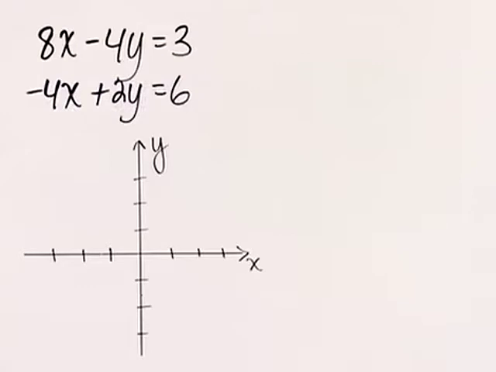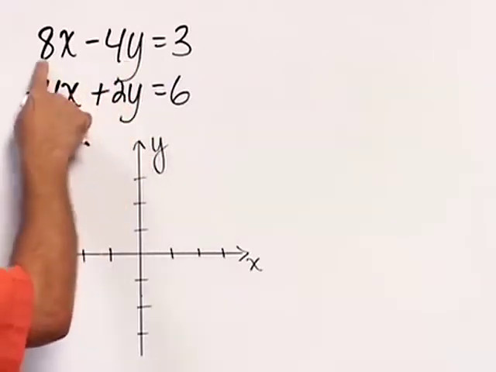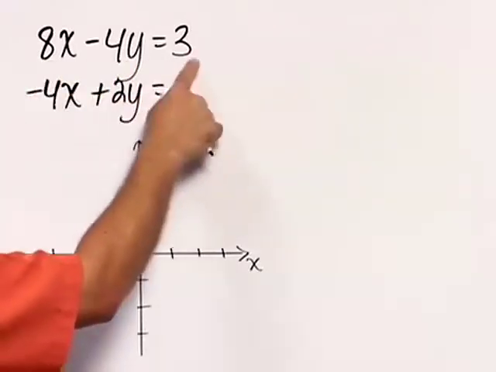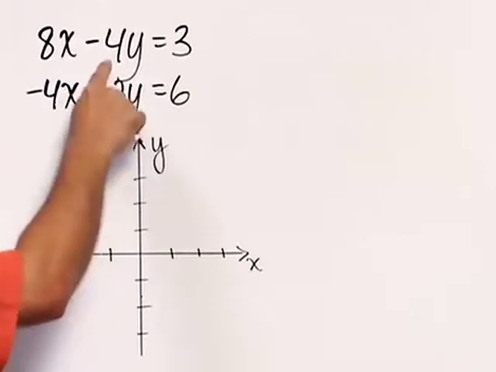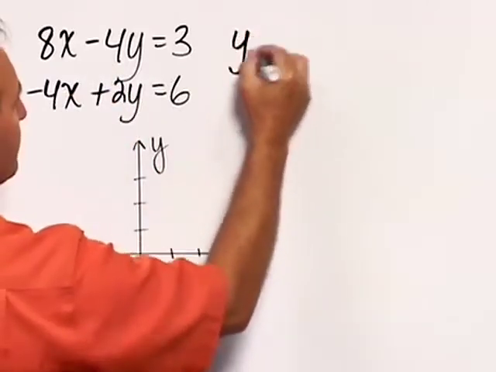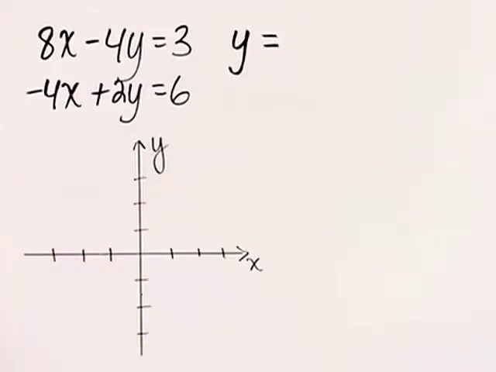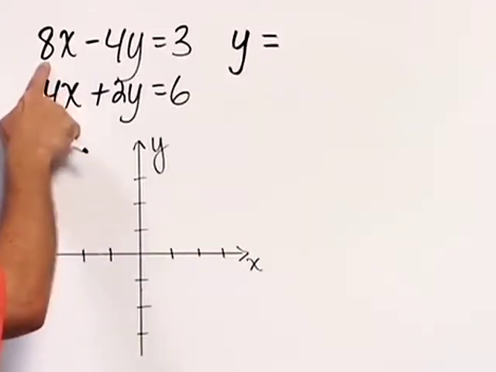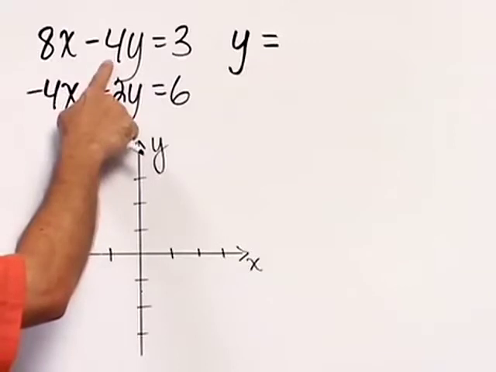To graph these, let's put each of them in slope-intercept form. So for the first one, we would have to subtract 8x from both sides. Then we would have to divide by negative 4. That result is y equals. Now remember, we're subtracting 8x and then dividing that by negative 4.